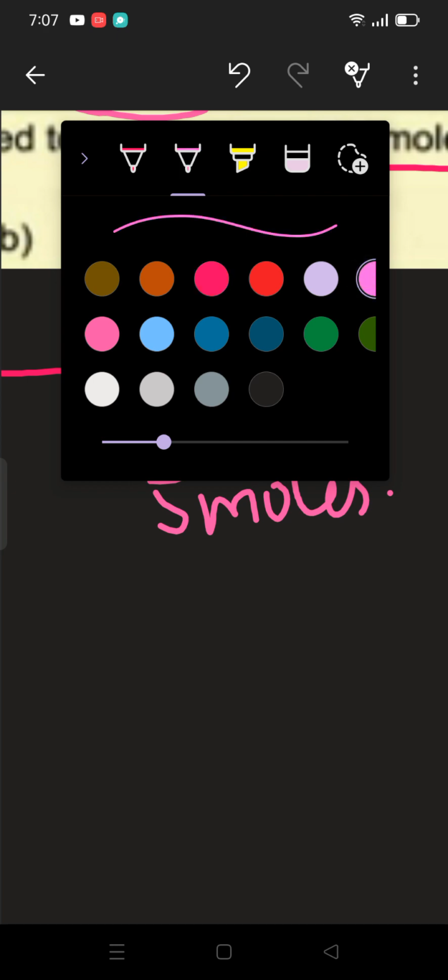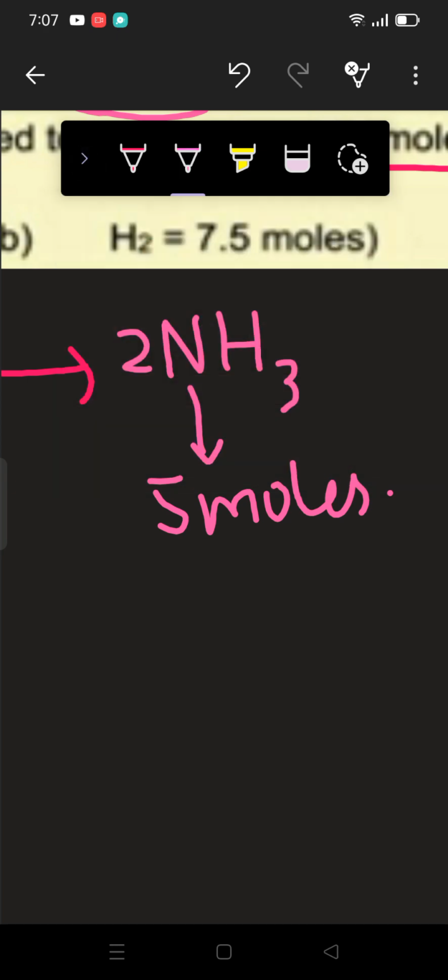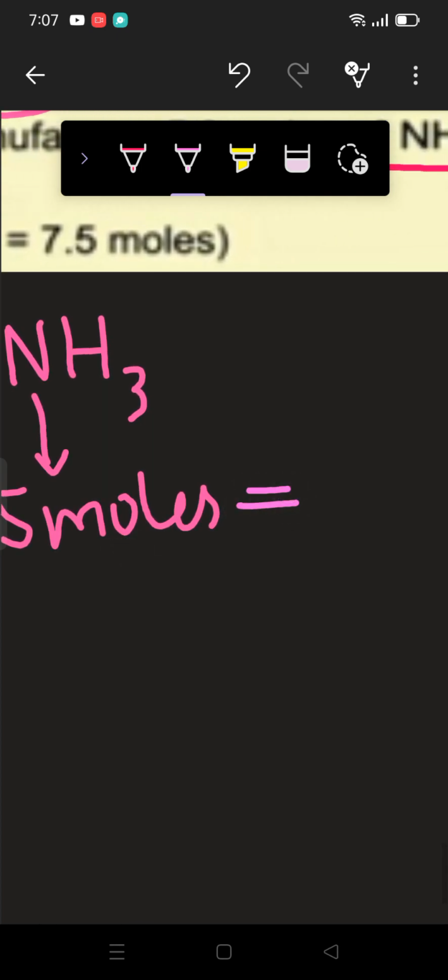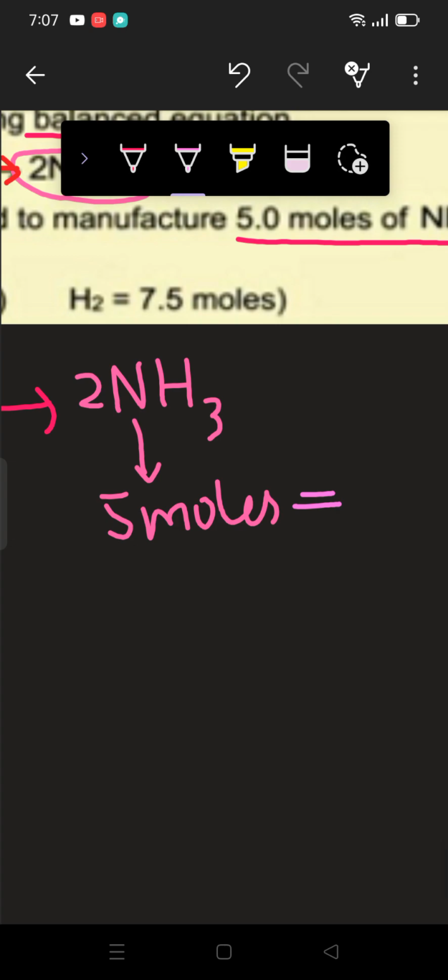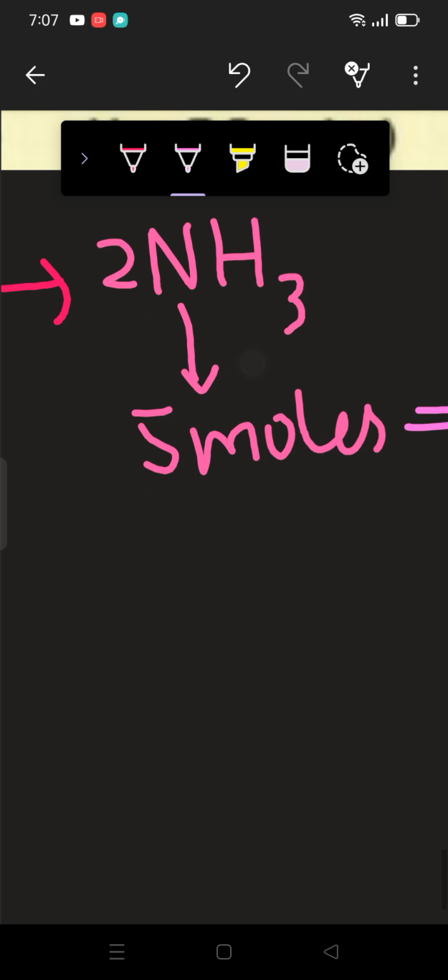We know that this 5 moles is not the moles of only one NH3, however it is the moles of 2 molecules of NH3, which means I need to divide this 5 by 2 so that I can have the moles of only one NH3.